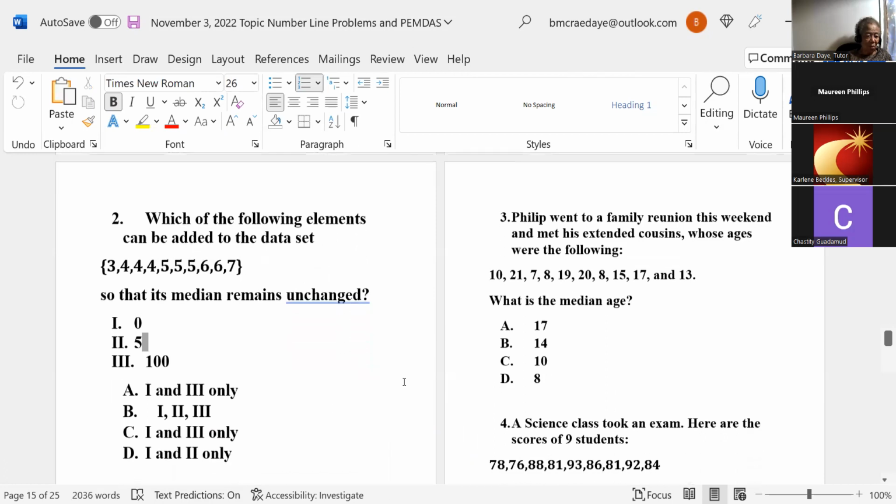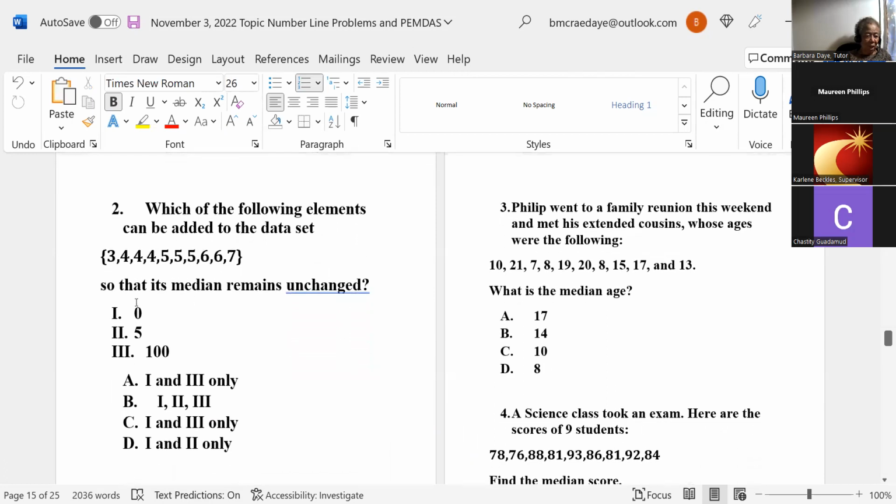So you have, which of the following: 0, 5, 100. Which element can be added to this data set so that the median remains unchanged?